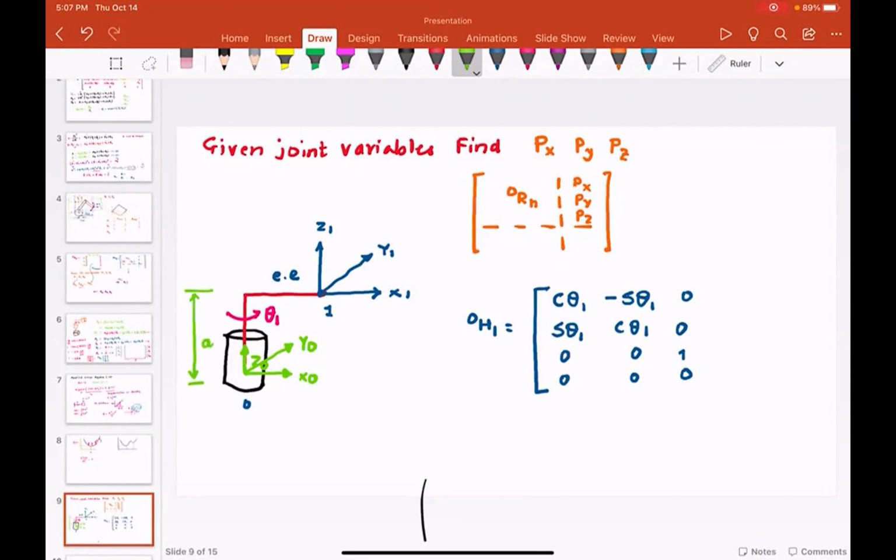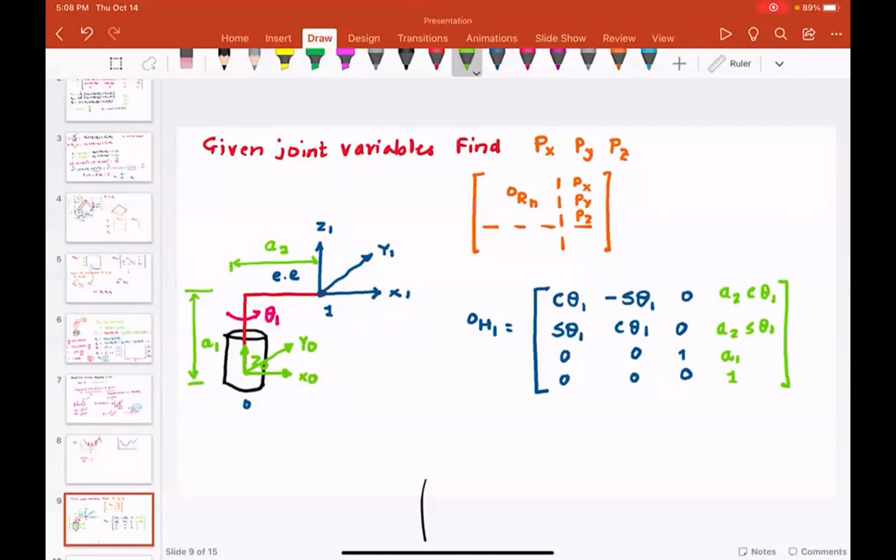I'm going to call this A1, and this A2. I will write this, correct me if I'm wrong: A2 cosine θ1, A2 sine θ1, A1, and then here there will be 1. Do you agree with me?